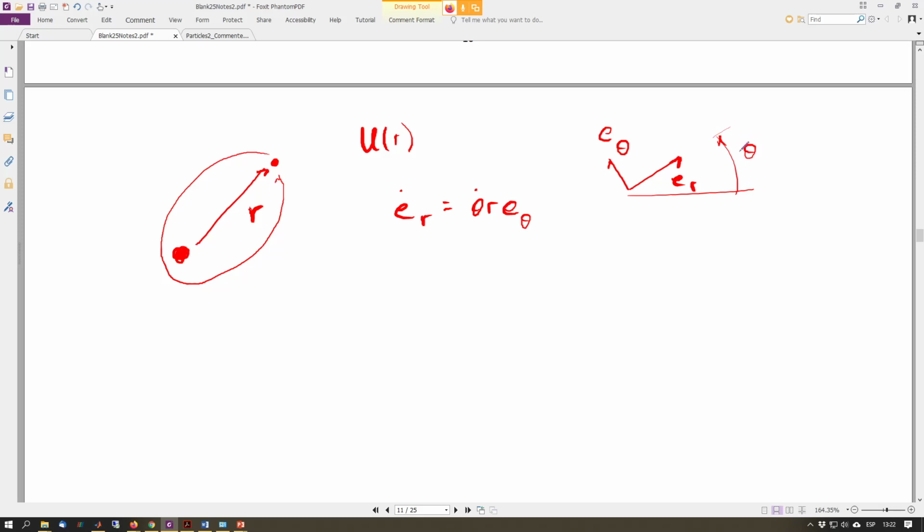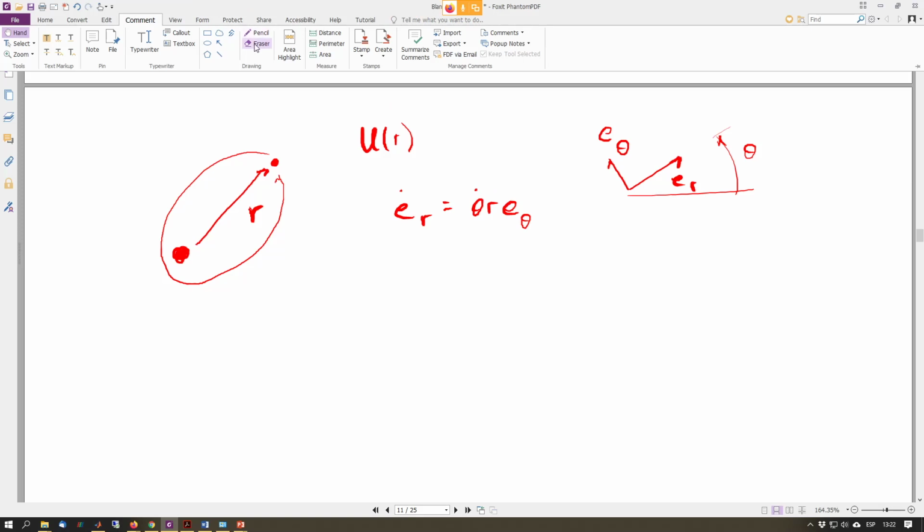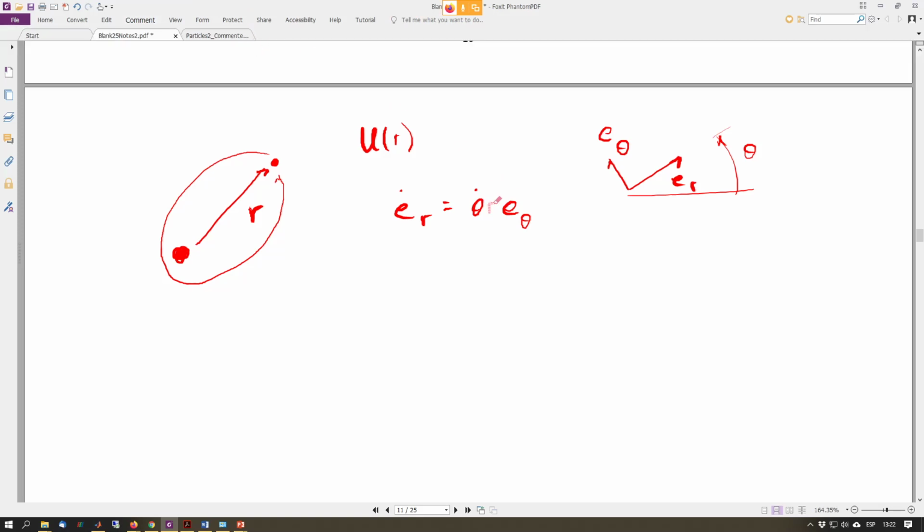This is my theta. When theta changes, this can only rotate, so it's just following the rotation of theta. In fact, this is a unit vector, and we shouldn't have any r here. Let me remove that. That is when we have the distance also involved, but this is not the case. So we have theta dot times e_theta.